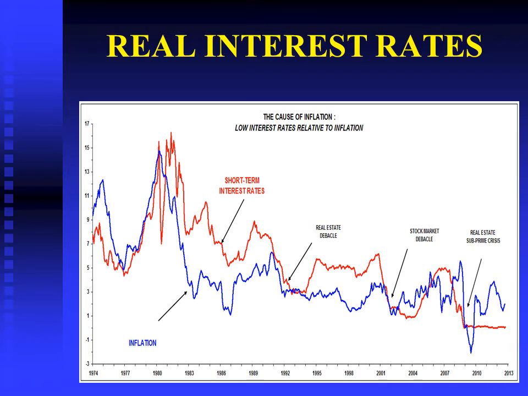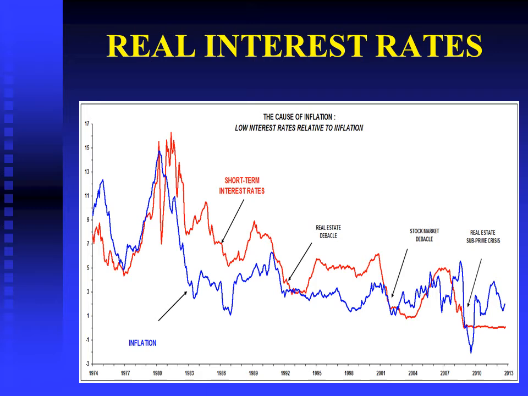Then there was a long period, the great good times from 1982 through 2000, where short-term rates were above the rate of inflation, where money therefore was expensive. Keep these three periods in mind: 1974 to 1982, 1982 to 2000, and 2001 to 2012.